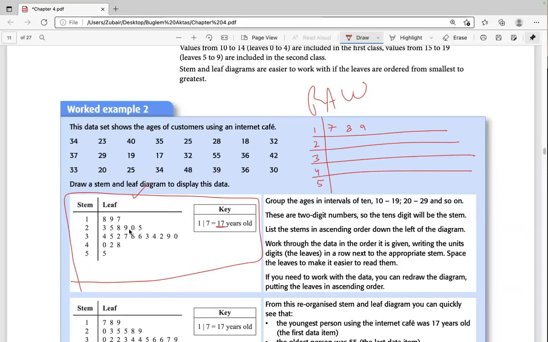And when we talk about this 2, this is 0, 3, 0, 3, 5, 5, 8, 9. You see, now I can clearly tell that it lies between 20 and 29. Other than that, I would have to have a closer look. Okay, smallest value is 0 and the largest is 9. So one requirement of stem and leaf is keep them in order.